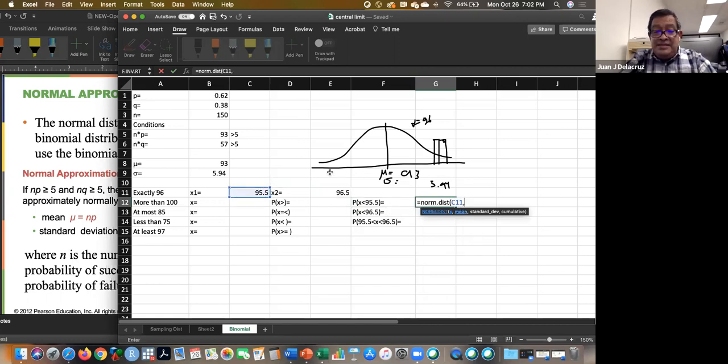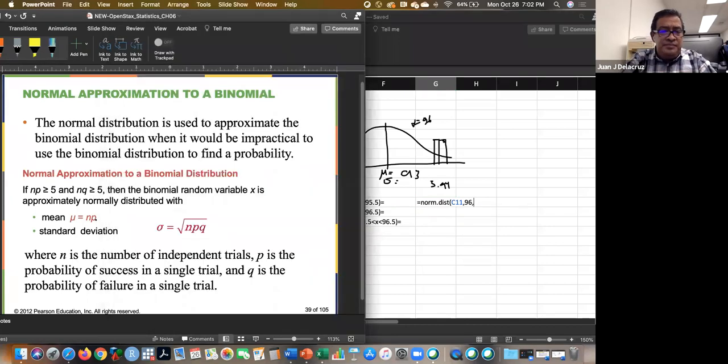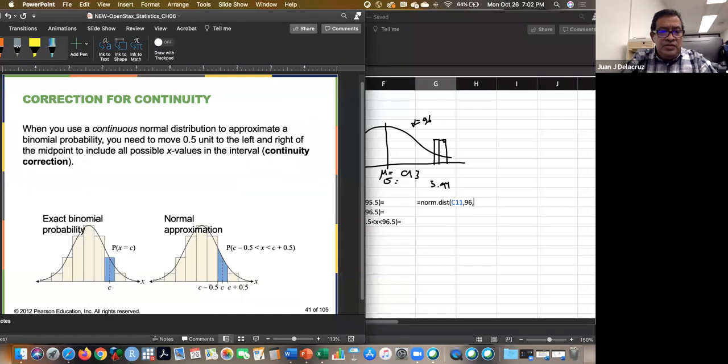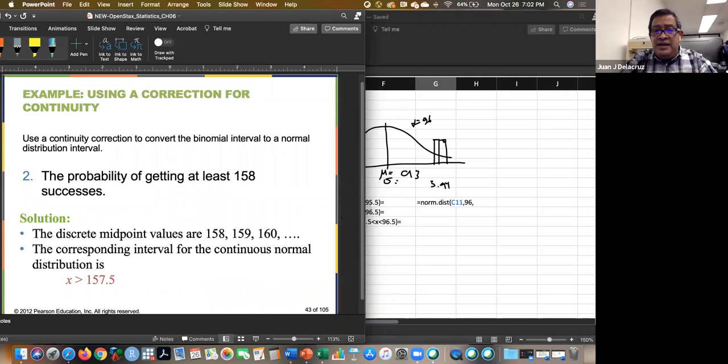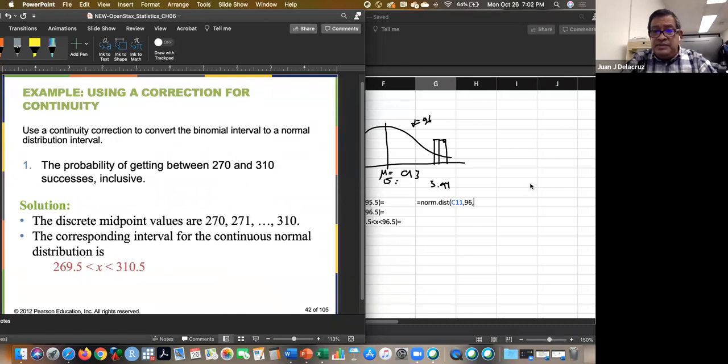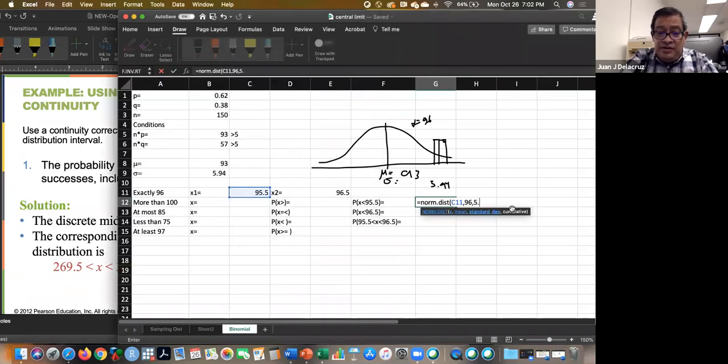My mean is 96, I'm gonna type it, and the standard deviation here is gonna be 5.94. And then I'm gonna say true because I want the cumulative area, right?